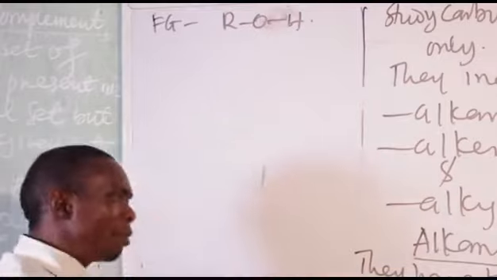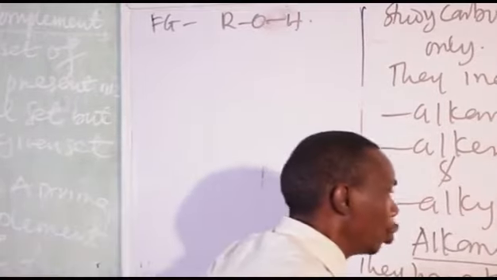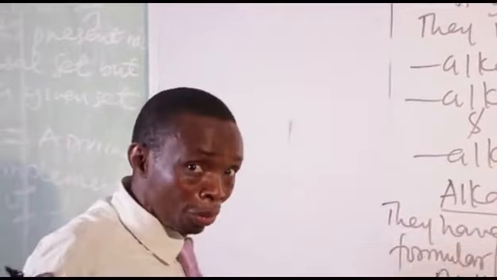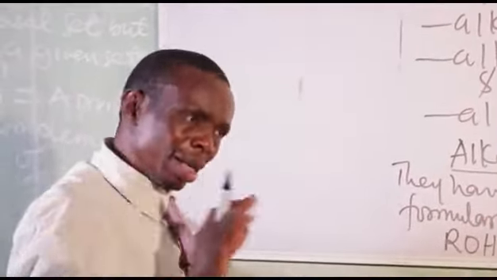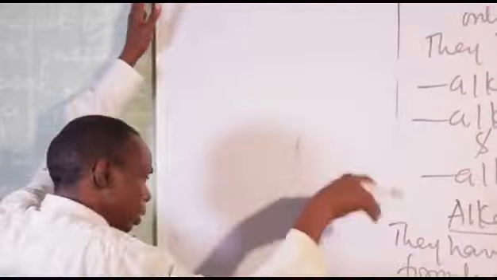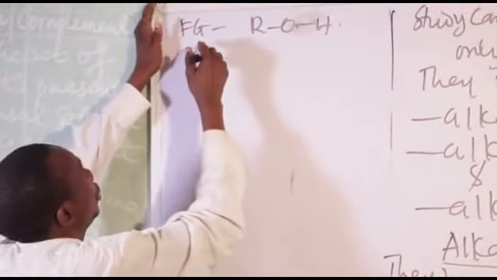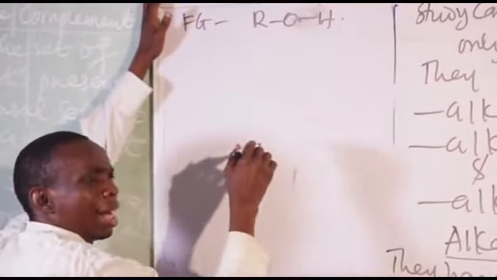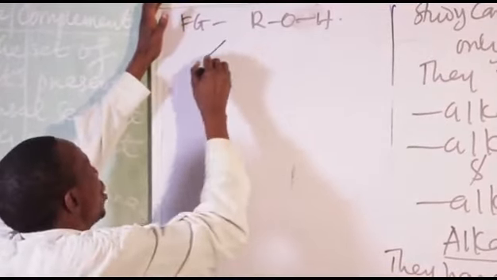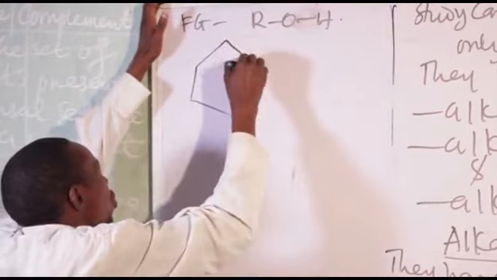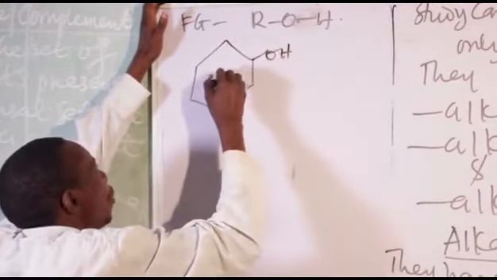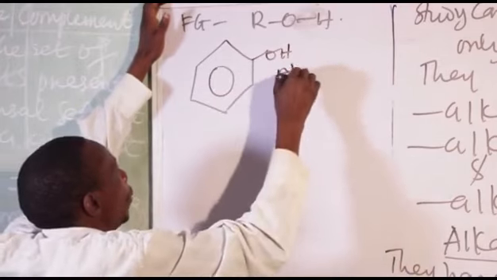As you study chemistry at advanced level, you will be told that the OH can also be attached to the phenyl group or arene group in A level. You will come to know that in aromatic hydrocarbons you have OH attached to something like this, and this is our phenol.